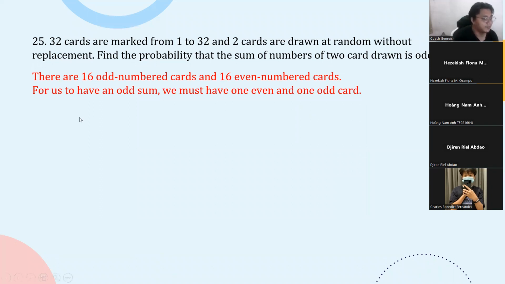So what we have here is choose one out of 16 odd numbered cards, multiply that to choose one out of 16 even numbered cards, and then divide it by the total number of combinations of choosing 2 out of 32 cards.